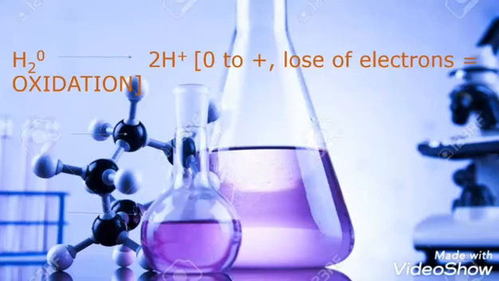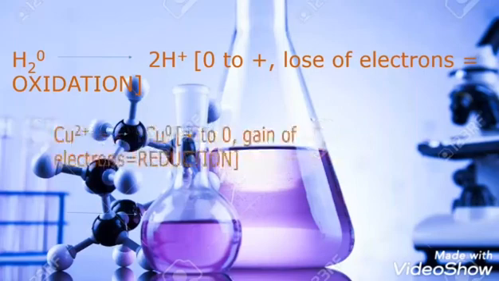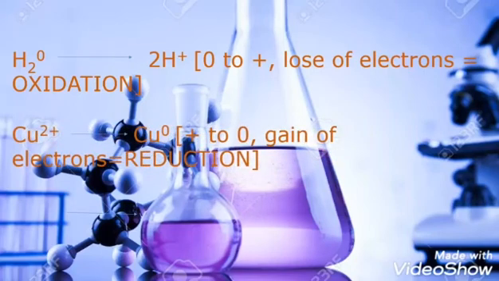Hydrogen gas therefore undergoes oxidation reaction. For copper, it changes from +2 to neutral, meaning the charge changes from positive to 0. It means you gain an electron. Therefore, it undergoes reduction reaction.